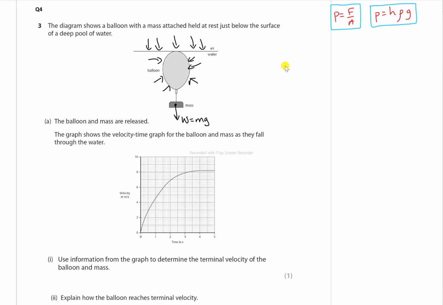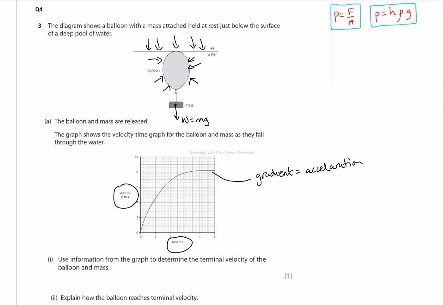Okay, so it's a velocity time graph. So if it's a velocity time graph, the gradient is equal to the acceleration. Okay. Right. Use information to determine the velocity of the balloon terminal.